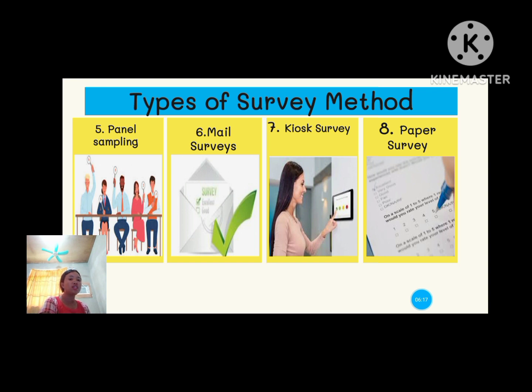The last type of survey method is the paper survey. A paper survey is a traditional method of collecting data where respondents are given a physical questionnaire or survey form to fill out by hand. This method is often used when internet access or digital devices are not readily available, or when face-to-face interaction is preferred.